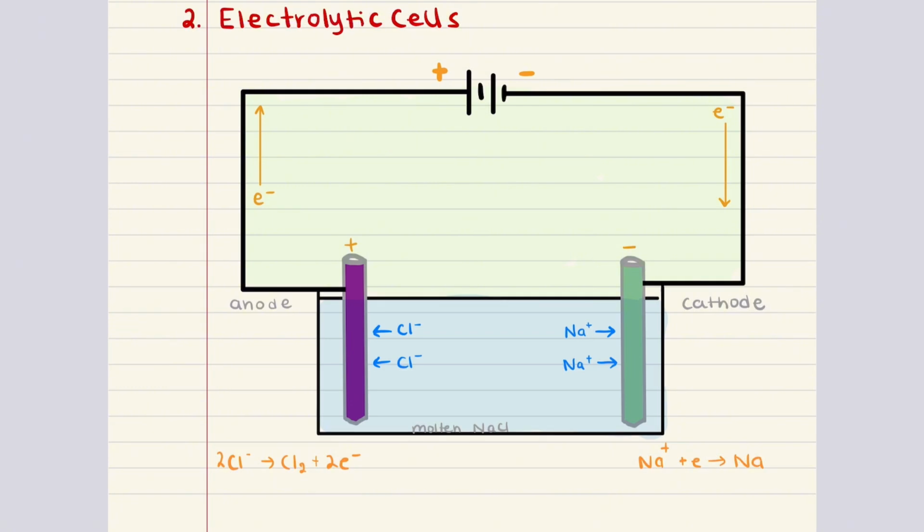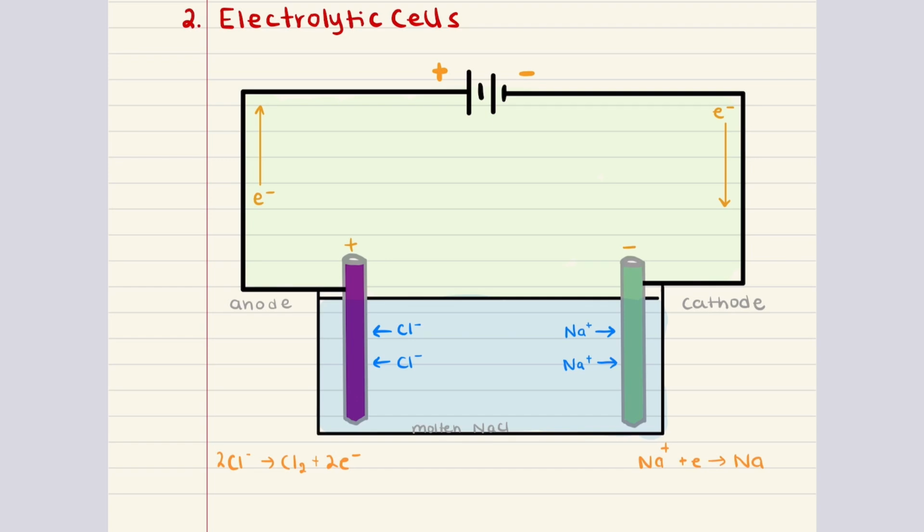In this process, molten sodium chloride serves as the electrolyte. When sodium chloride is in its molten state, it dissociates into sodium ions and chloride ions. An external power source like a battery provides the necessary energy then to drive the electrolysis process.